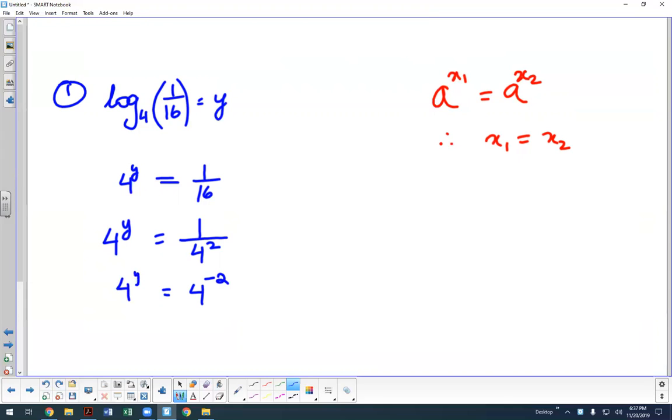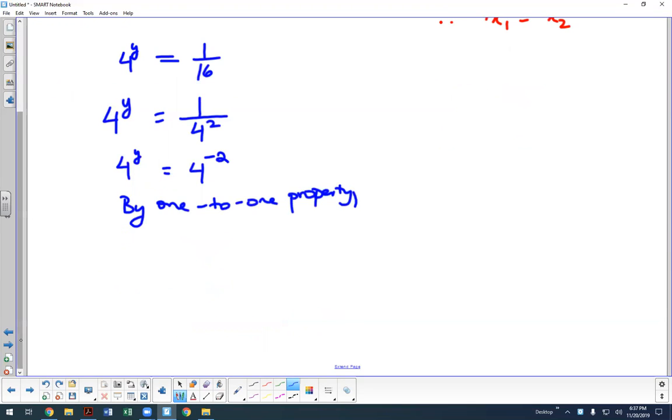And we have 4 to the y on the left-hand side. So this is where our one-to-one property for exponents is kicking in. Now that both my bases are the same, we can say by the one-to-one property, y equals negative 2.